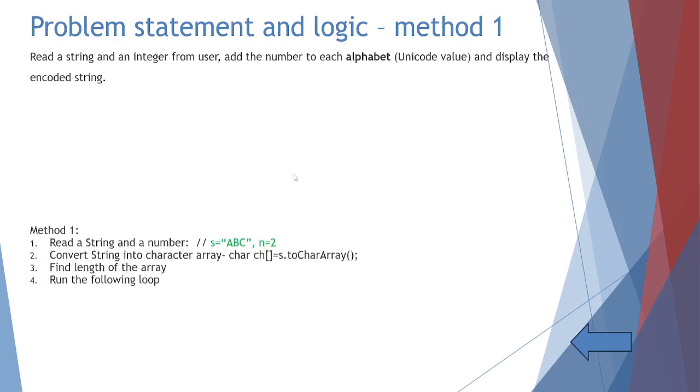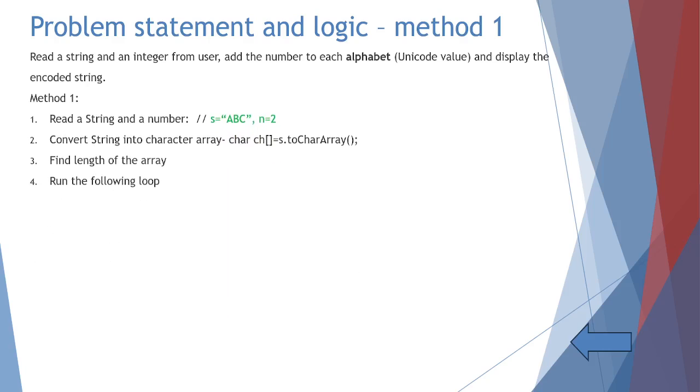In both the methods, first we read a string and a number. For example, S is the string and ABC is the input, and N is 2, which means encoding must happen for each character by adding 2.